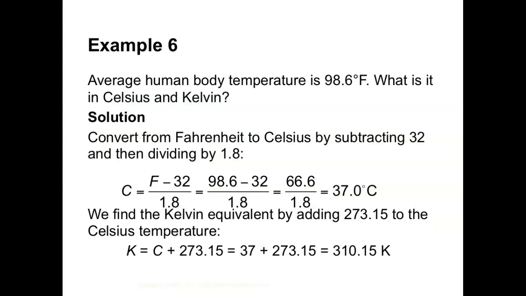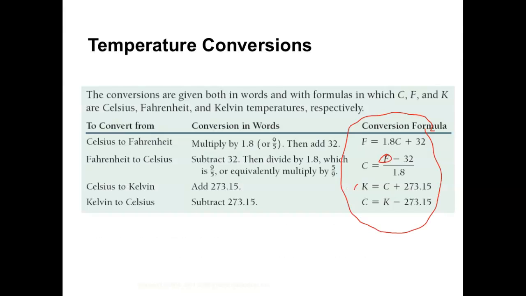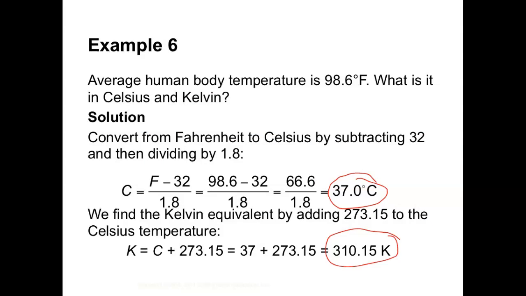That's going to get me 37 degrees Celsius. So there you go, 30-degree day in Celsius. That would be a pretty pleasant day, probably high 80s. And then if you wanted to convert to Kelvin, we would use this formula. Just add 273.15 to our Celsius temp, which gets me 310.15 Kelvin.